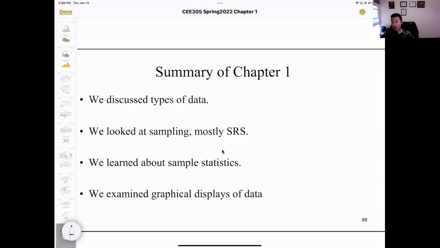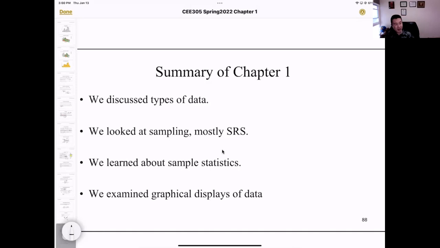We also discussed convenience sampling, which sometimes we have to deal with. We also learned about sample statistics, such as sample mean, sample median, variance, standard deviation, and so on. We also discussed different types of graphical displays, such as box plot, scatter plot, stem and leaf, and so on.